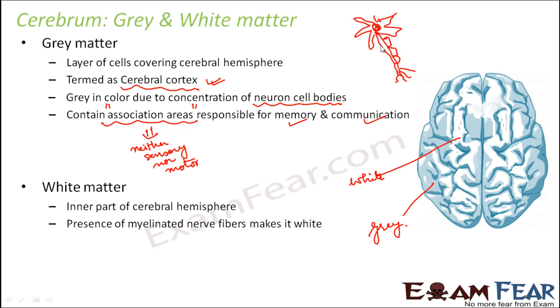And this axon might be covered by a myelin sheath. Now in the cerebrum, it has been observed that the cell bodies are located towards the outer side, and the axon part, which is myelinated, is located towards the inner part. Due to the presence of these myelinated nerve fibers, the inner part is all white.